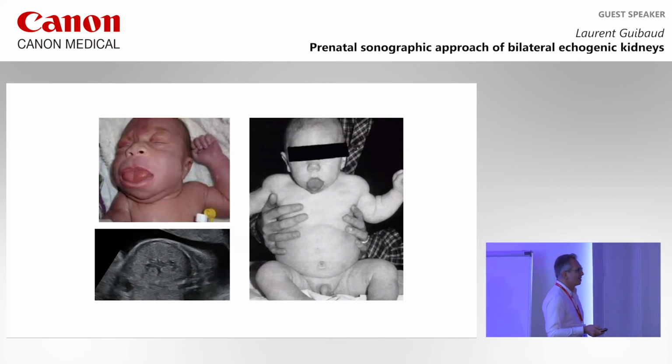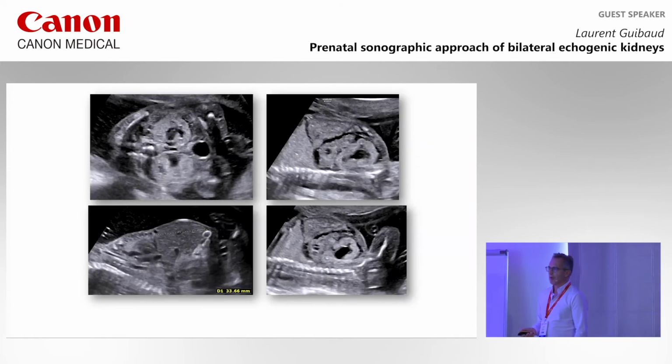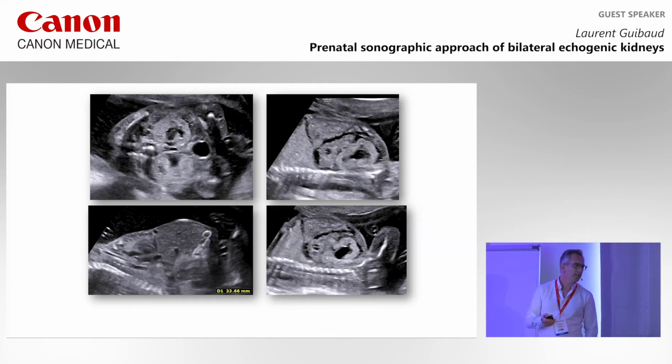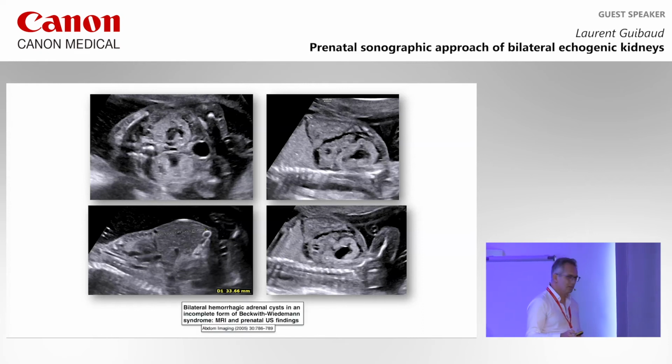Another finding close to the kidney that you can find: this patient was referred to us for echogenic kidneys, yes, but also look at the adrenals. The adrenals are enlarged, and there is some cyst in the adrenal. You know what this is? It's a very specific finding for Beckwith-Wiedemann.